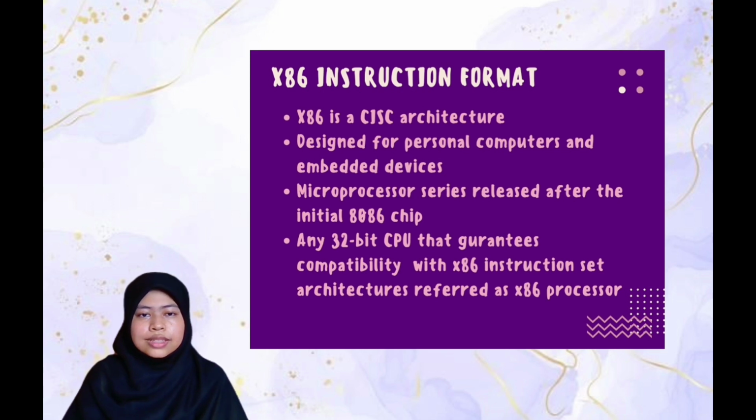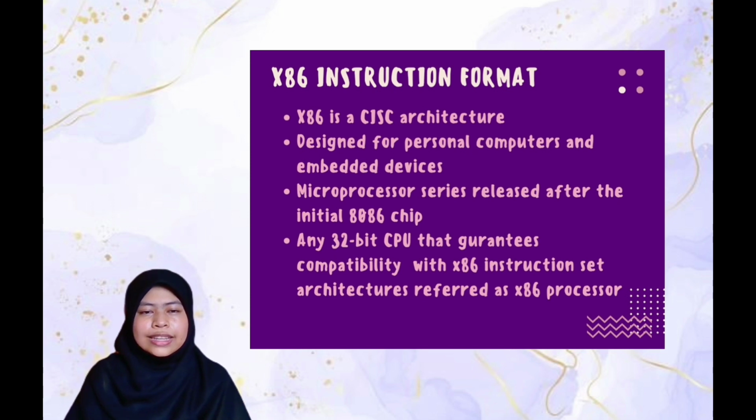In order to access more memory than a straightforward 16-bit address could handle, memory segmentation was utilized as a workaround. The term X86 was developed because several processors that replaced Intel's 8086, including the 186, 286, 386, and 486 CPUs, have names that end with 86.